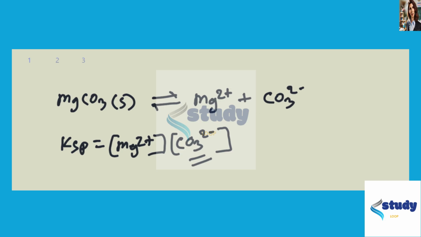So the Ksp value for magnesium carbonate, we have just seen, is 6.82 times 10 to the power minus 6.